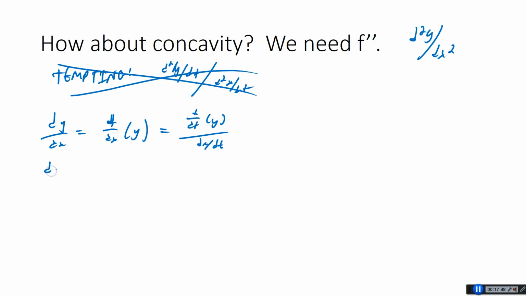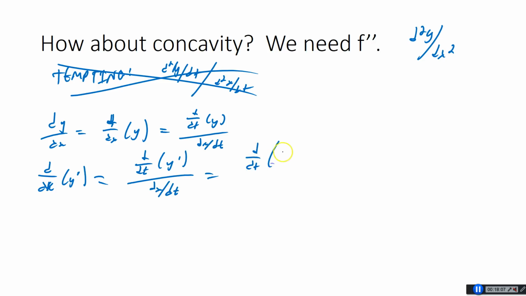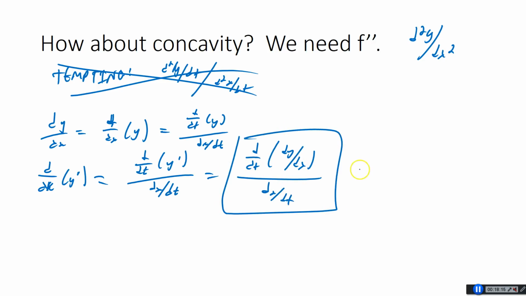So the derivative of y prime, d/dx of y prime, would be the derivative with respect to t of y prime, divided by dx/dt. Notice the dx/dt does not get a second derivative on it. So it's going to be d/dt of dy/dx. You take the derivative of the derivative with respect to t, and then divide by dx/dt again. This is the formula for y double prime.